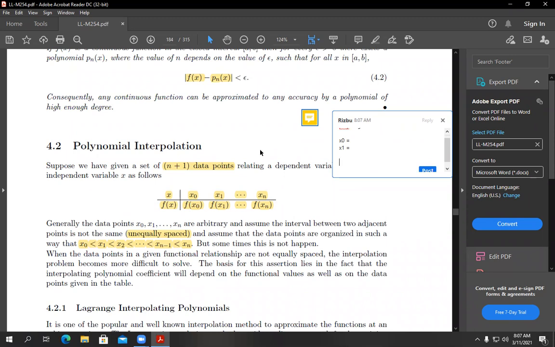And if you have a polynomial of degree 2, you need how many? 3. 3 points. This is the most important thing you should remember here.